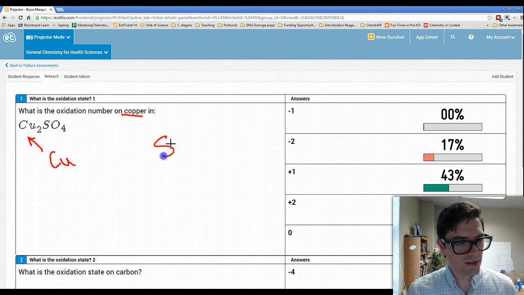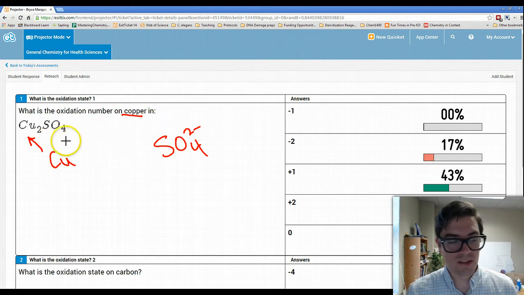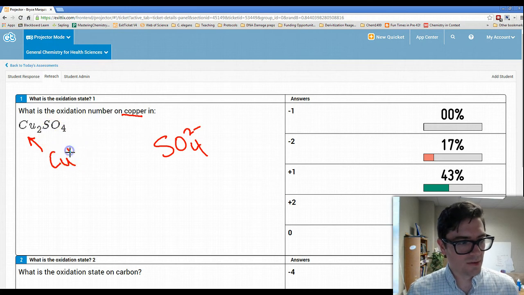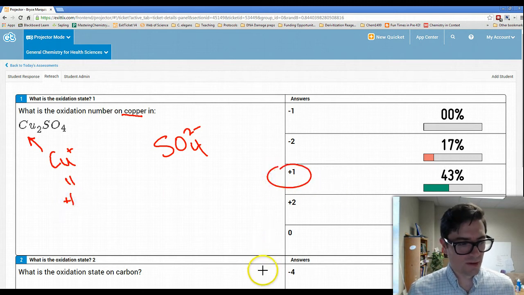If you remember, sulfate is 2 minus, and since you have 2 coppers, the total species, copper sulfate here, must be neutral. So that means if you have 2 of those, each one must be +1. And as we recall, the charge on a monatomic species like this is equal to your oxidation number. So that's why this one was correct.